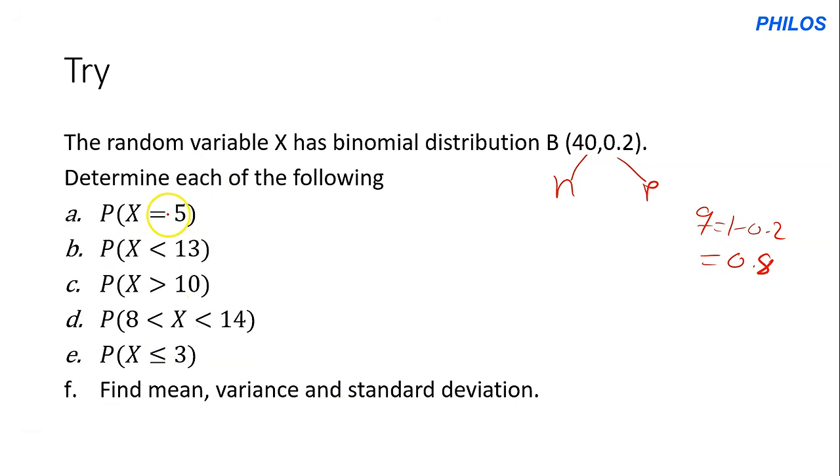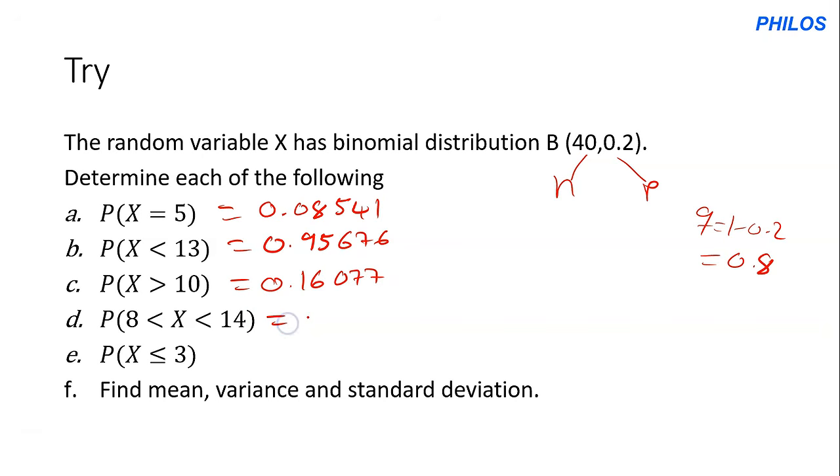So I'm going to give you the answers so that when you try and then you are correct, you know. Now for question A, I think you get 0.08541. And then for question B, you get 0.95676. And then for question C, you're going to get 0.16077.